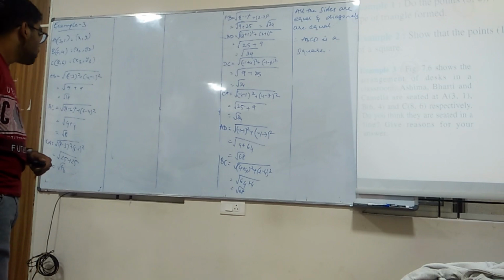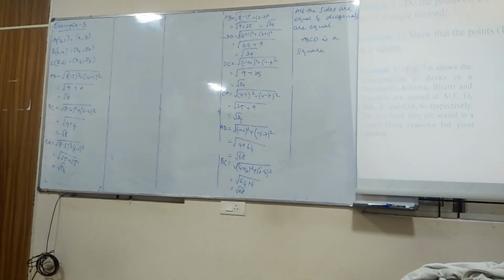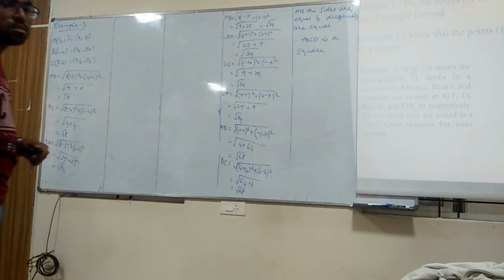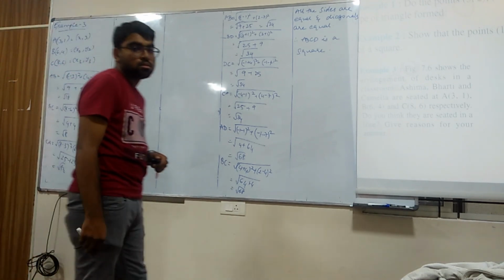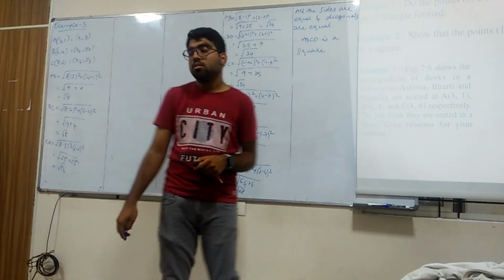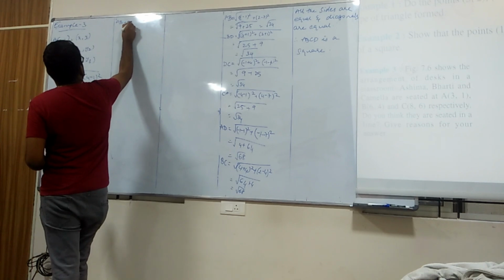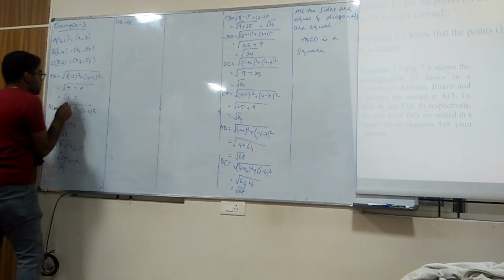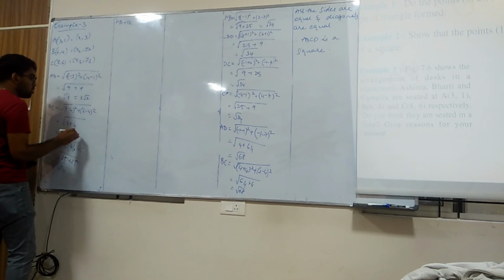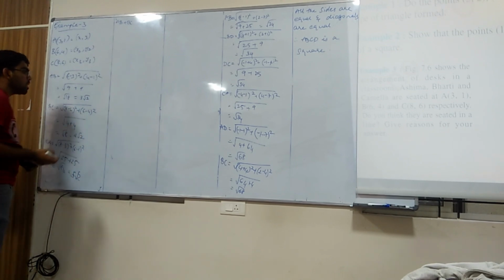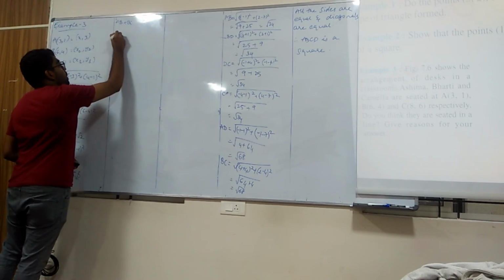AB plus BC is equal to? AB is 3 root 2, BC is 2 root 2, and CA is 5 root 2. 3 plus 2 is 5.